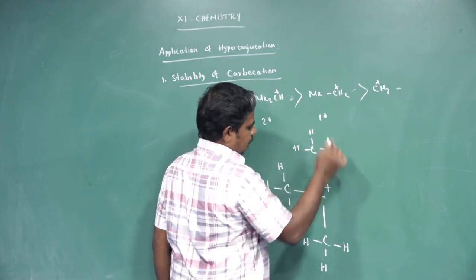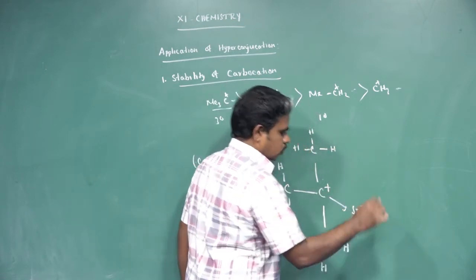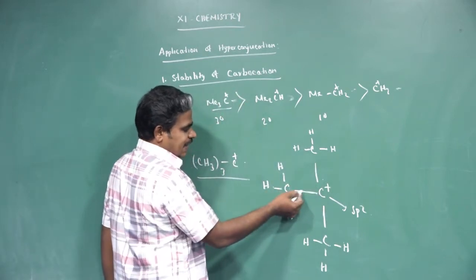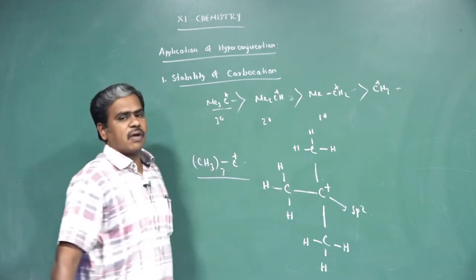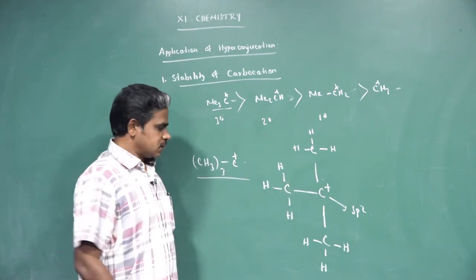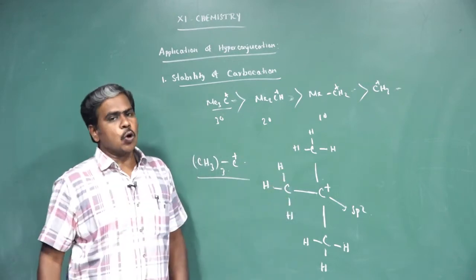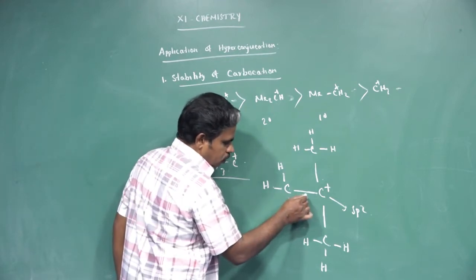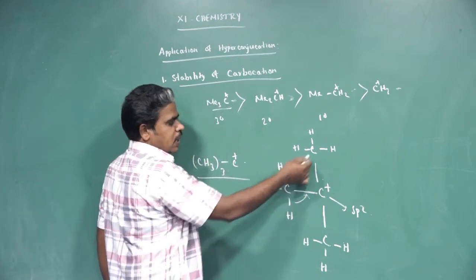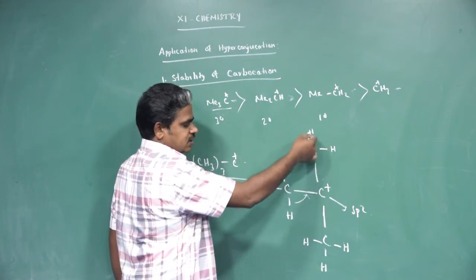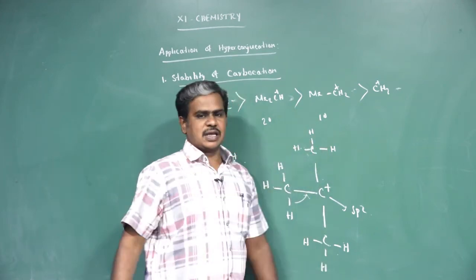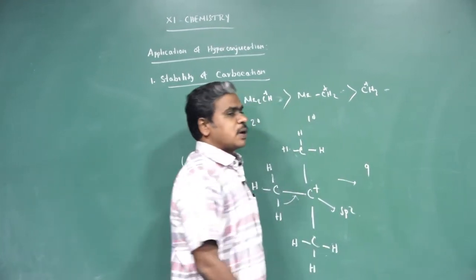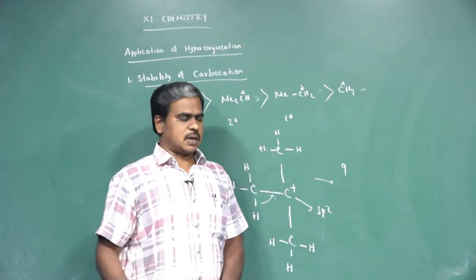Correct? Now, this is an sp2 hybridized carbon. Now, the sp2 hybridized carbon is attached with the CH bonds, so there is a possibility of hyperconjugation. How many hyperconjugative or canonical forms are possible? It may be moved here, this one and this one, and also another 3 hydrogen CH bonds, and here also 3 CH bonds. So totally 9 hyperconjugative canonical forms are possible.